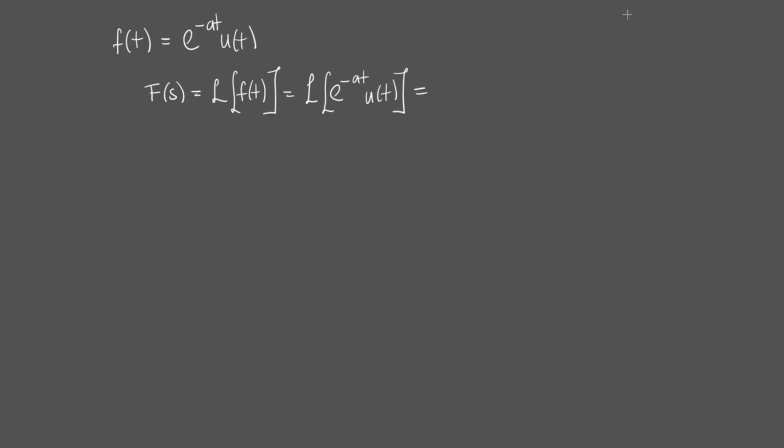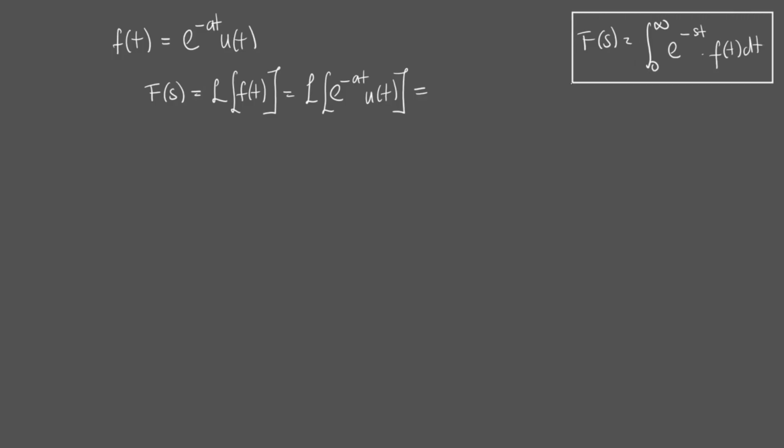Let me write that out so we don't forget. Capital F of s is the integral from 0 to infinity of e to the minus st times f of t dt. I'm going to put this in a box so we don't forget.